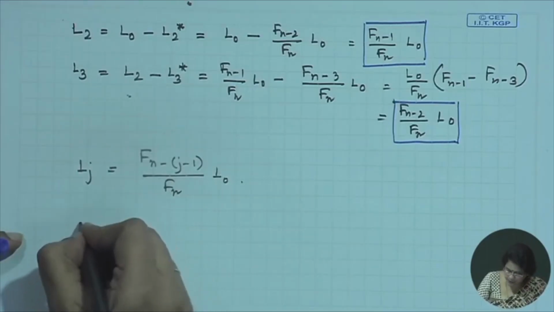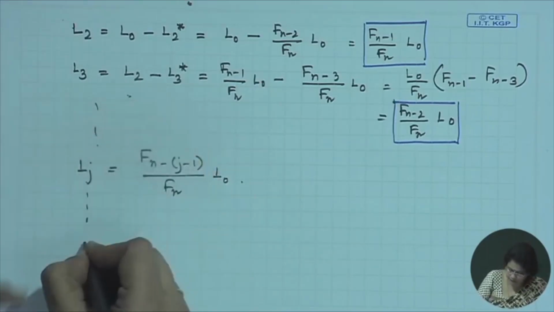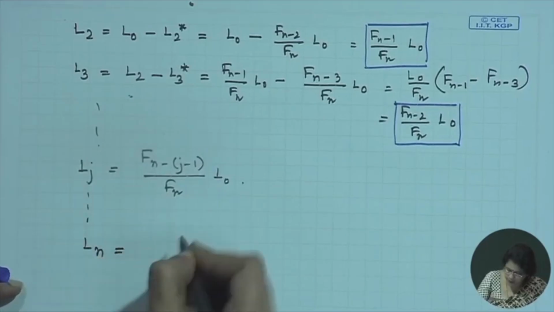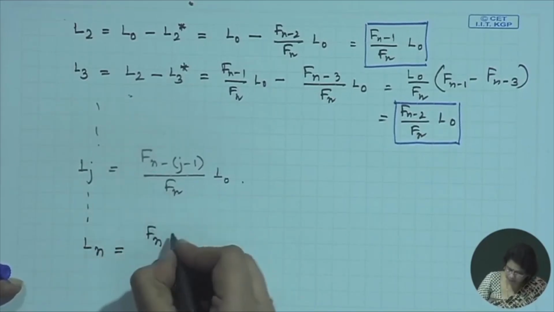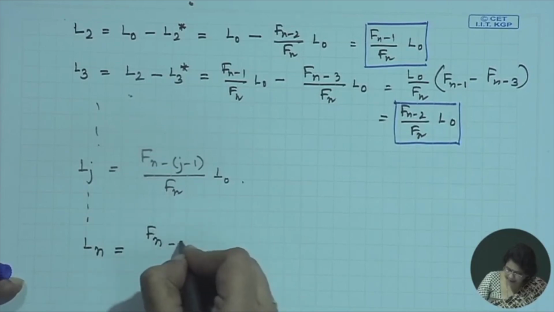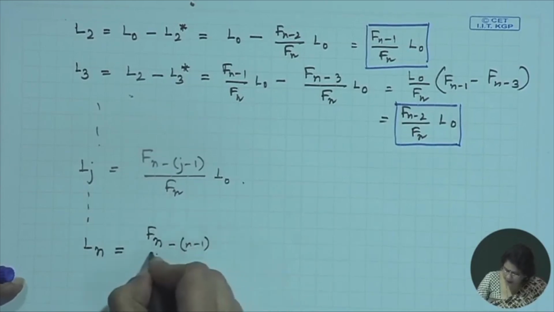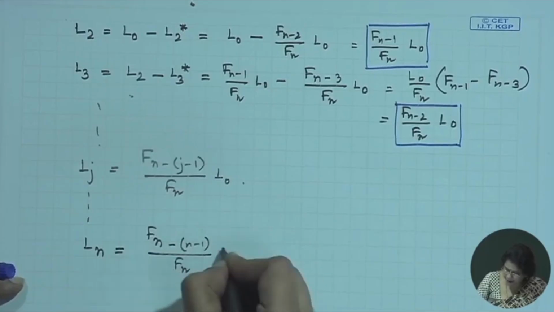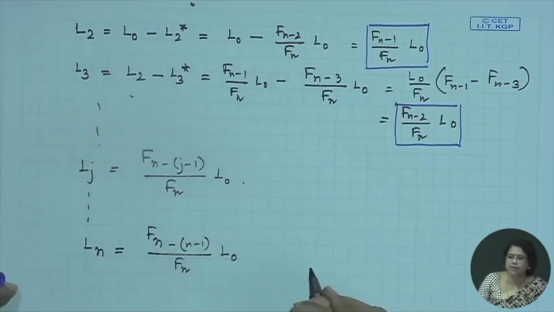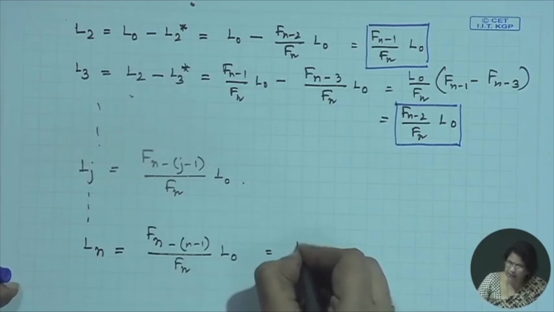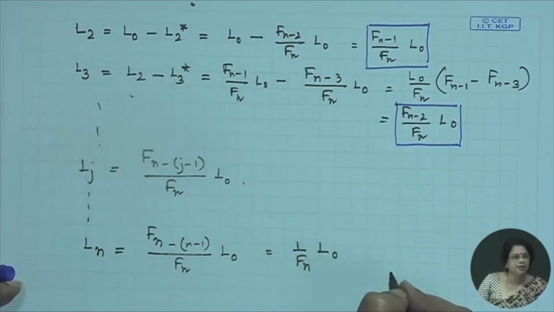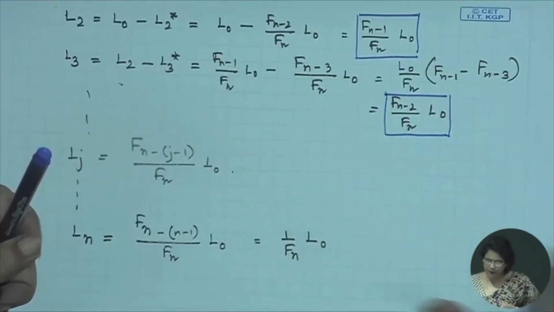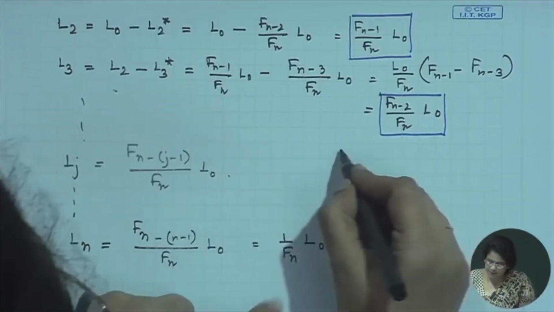If I go further, Ln would be equal to Fn minus n plus 1 divided by Fn L0. This is equal to nothing but 1 by Fn L0.